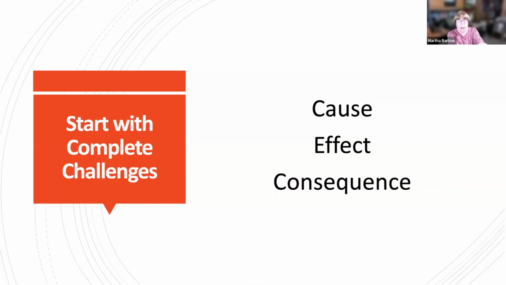So a complete challenge basically has 3 parts: cause, effect, and consequence. It is actually like a cause-effect chain because the effect serves as the cause for the consequence, but we usually use this terminology: cause, effect, consequence.